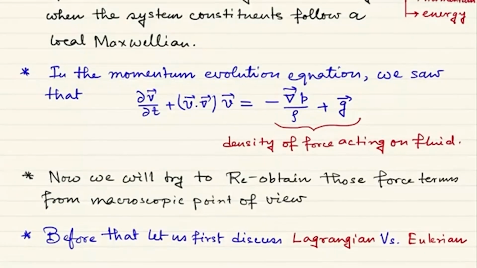But before that, it is also useful to say that if we try to study a fluid medium or a flow medium macroscopically, we need to know about two approaches which are equivalent, but they are a priori not the same approach. One is called the Lagrangian approach, another is called the Eulerian approach.